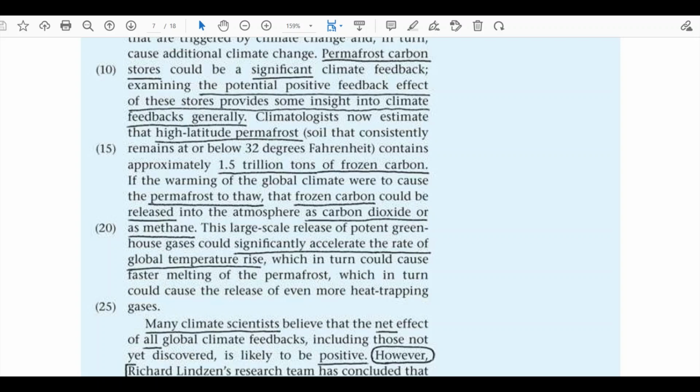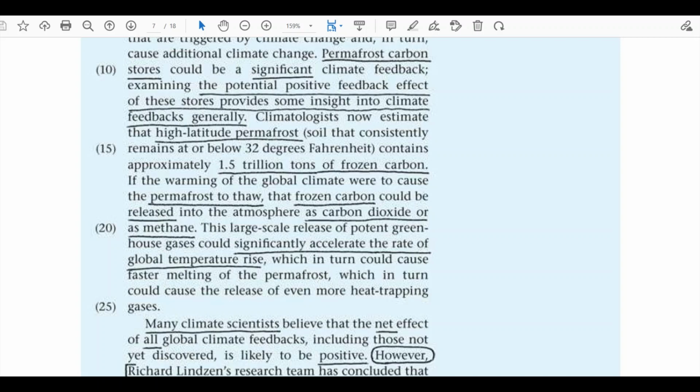Climatologists now estimate that high latitude permafrost soil that consistently remains at or below 32 degrees Fahrenheit contains approximately 1.5 trillion tons of frozen carbon. If the warming of the global climate were to cause the permafrost to thaw, that frozen carbon could be released into the atmosphere as carbon dioxide or as methane.